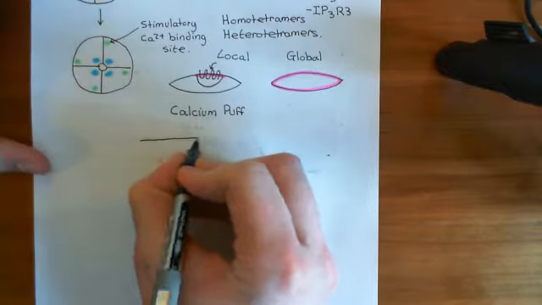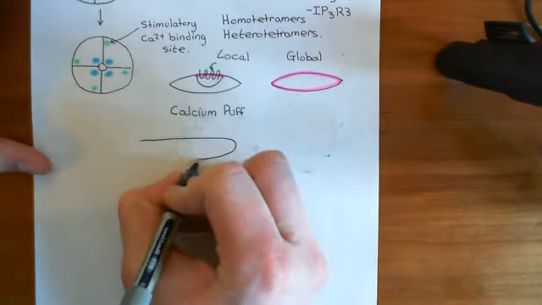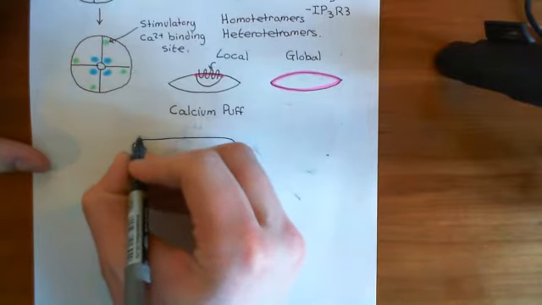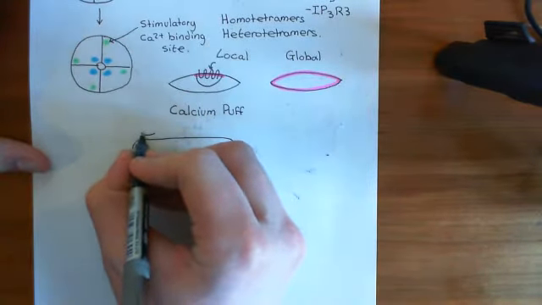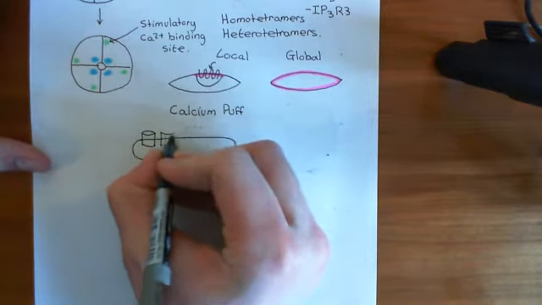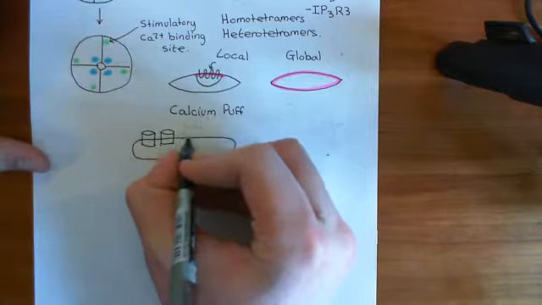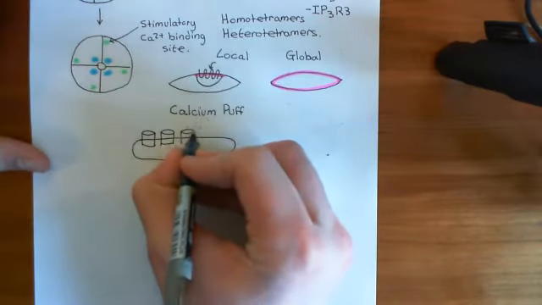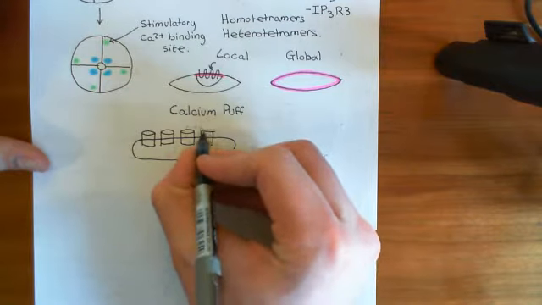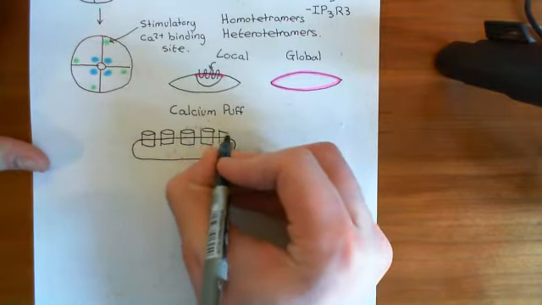Okay, and I'll explain how it's going to occur. So if we now look at the ER, let's draw a little picture of the ER. Basically, the ER is going to have IP3 receptors all over the place. So I'll draw some of these like so. Here's an IP3 receptor, here is an IP3 receptor, here's another IP3 receptor, and maybe just one more here.